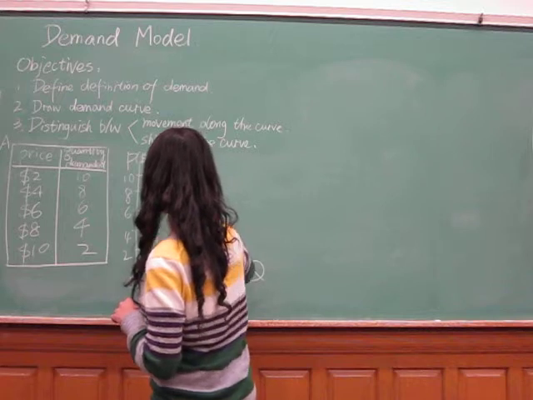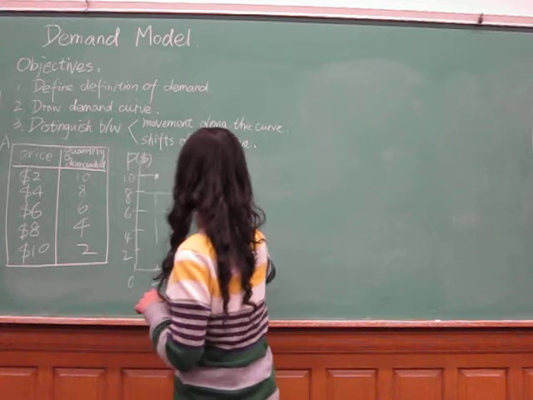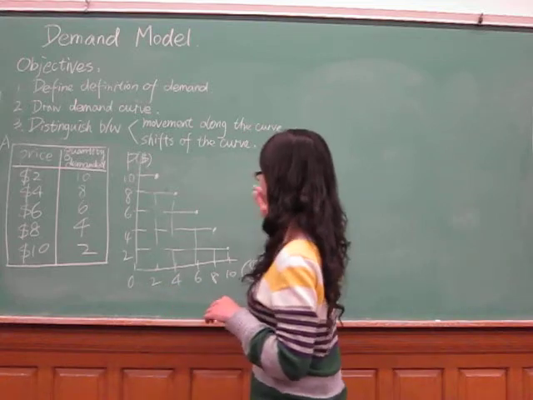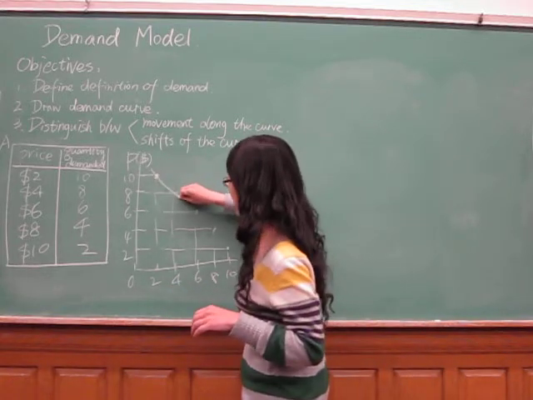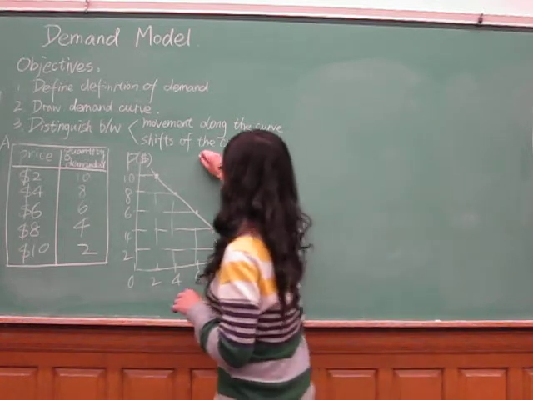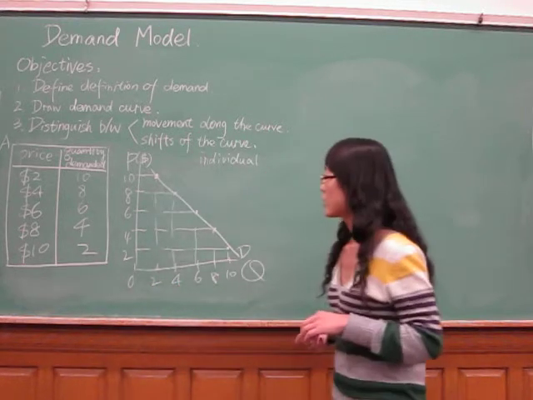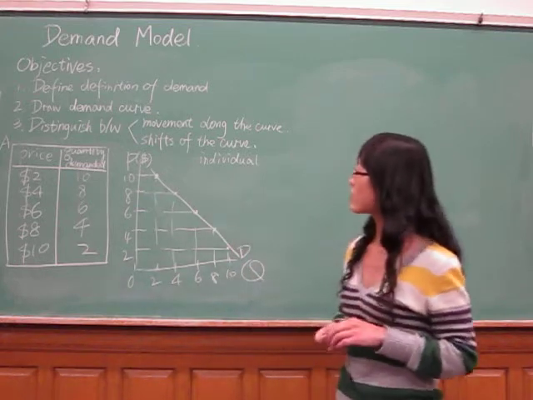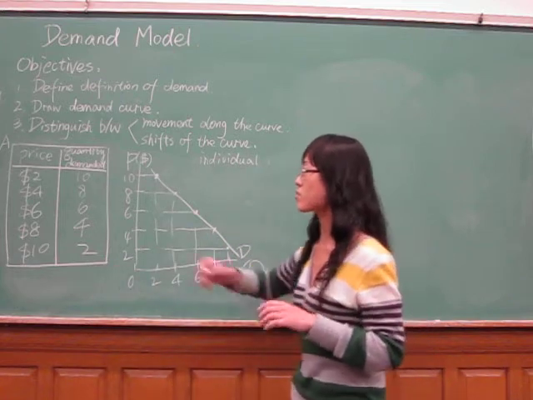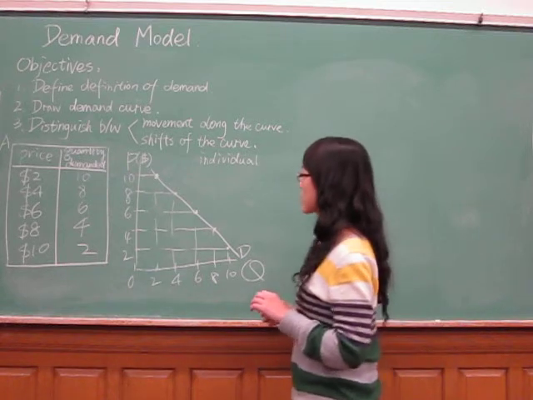So $10 is 2 cups, $8 is 4 cups, $6 is 6 cups, $4 is 8 cups, and similarly $2 is 10 cups. When we connect all these points, we get an individual demand curve. The individual demand curve and the individual demand schedule show the same thing, the relationship between price and quantity demanded, although in different forms.